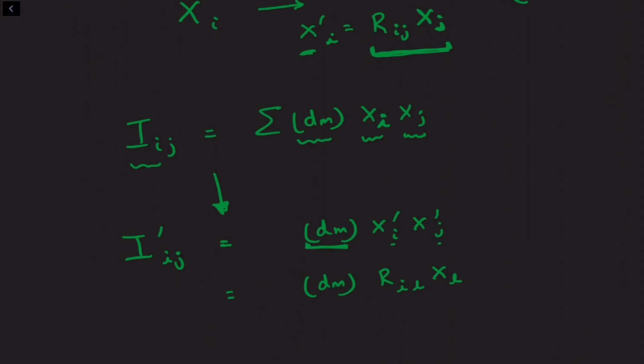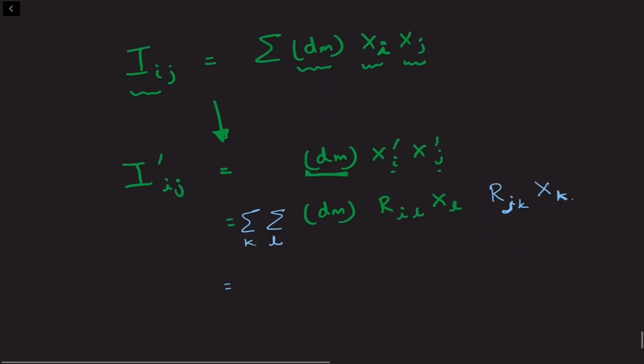There is a summation over mass elements which we're not going to worry about, and we'll now write x prime i as R_il x_l, with an implicit summation over l, and then R_jk x_k, with a summation over k.